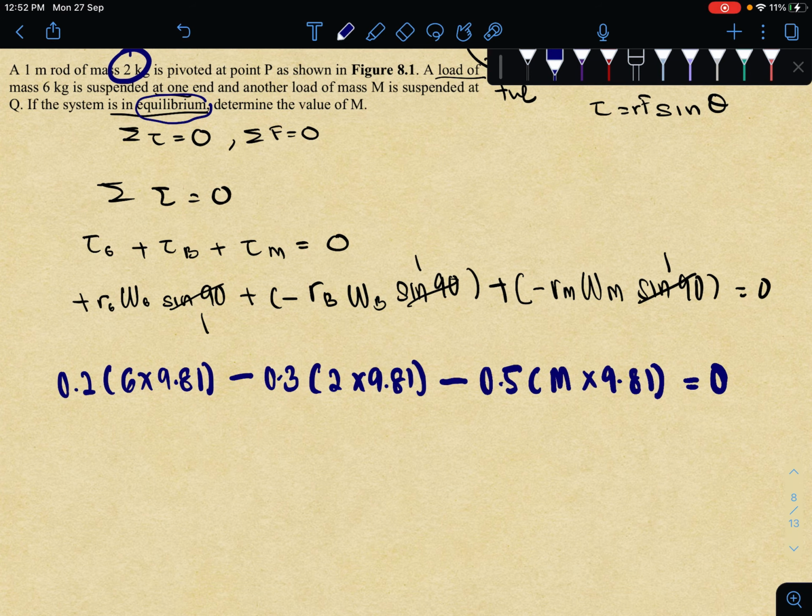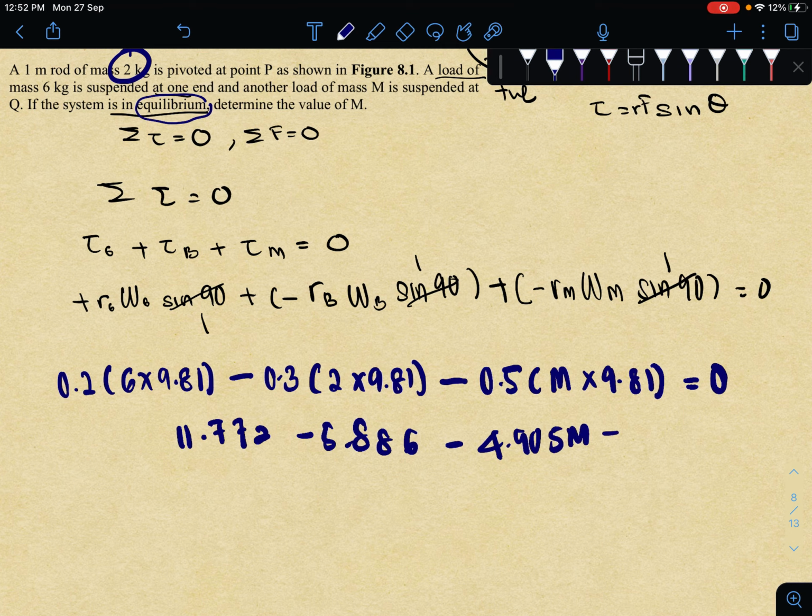So now you press your calculator. 6 darab 9.81 darab lagi dengan 0.2, you get 11.772 minus with 0.3, 5.886 and then minus with 4.905 M sama dengan 0.